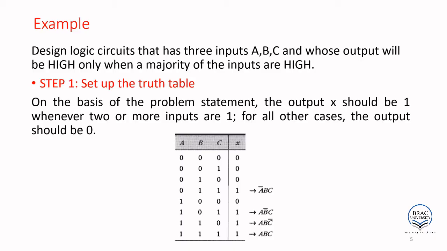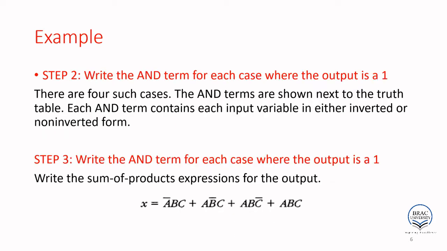If you take all of the values, that will be your simplification. So take all of these high values and put them together using the sum expression. Write the AND term for each case where the output is high, which we already discussed, and write the sum of products expression of the output.